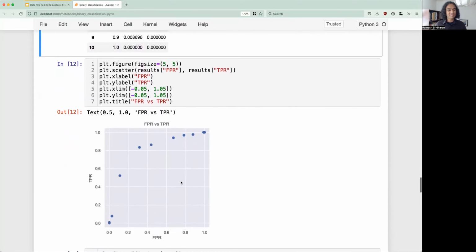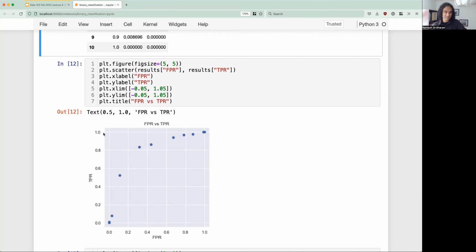So an ROC curve essentially plots the false positive rate on the x-axis and the true positive rate on the y-axis. Essentially, the x-axis is saying, how badly do we do in the reality equals 0 case? The y-axis says, how well do we do in the reality equals 1 case? And so we can see that there's a trade-off, right?